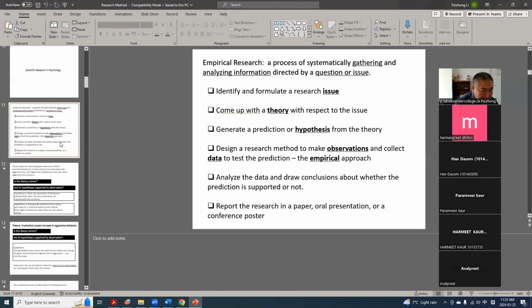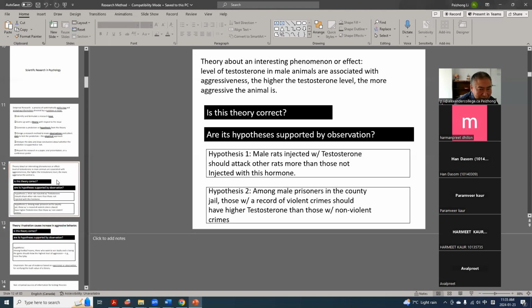We started with the research methodology, empirical research, and then the difference between theory and hypothesis. Anybody still remember what is the difference between a theory and hypothesis? Which is broad and which is concrete and specific?